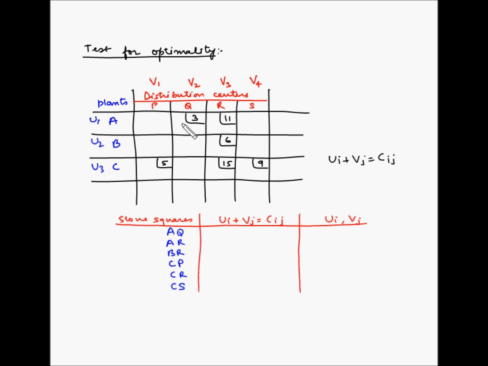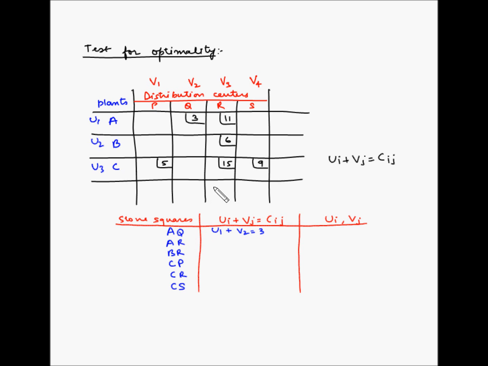Now for AQ, Ui is U1 and Vj is V2. So U1 plus V2 is equal to 3 because Cij is 3. So U1 plus V2 is equal to 3.